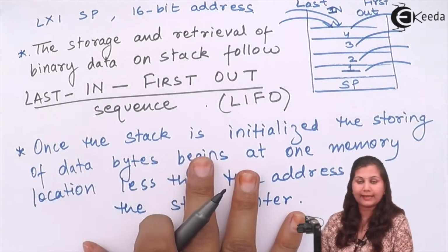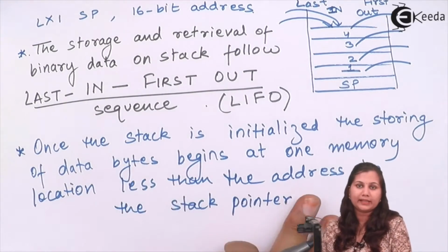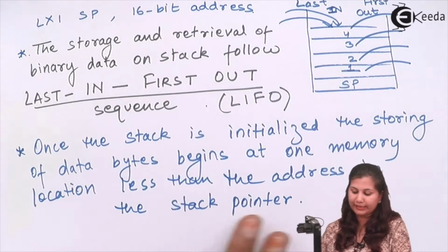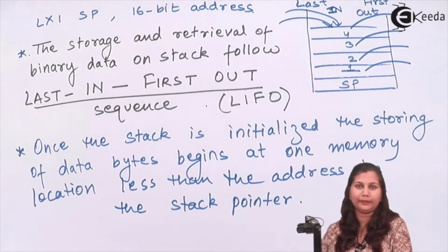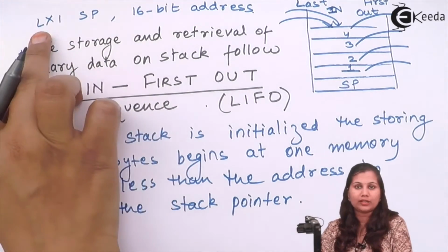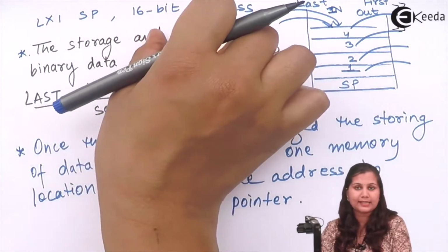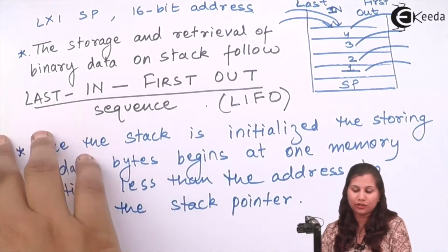Once the stack is initialized, the storing of data bytes begins at one memory location less than the address in the stack pointer. How do we initialize the stack? We use the instruction LXI SP and a 16-bit address. At this 16-bit address, the stack is initialized.